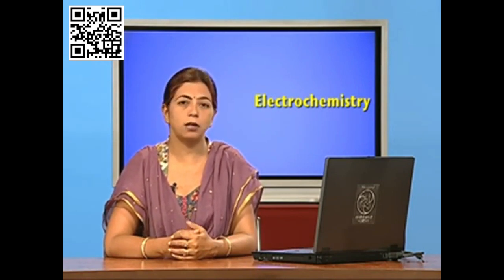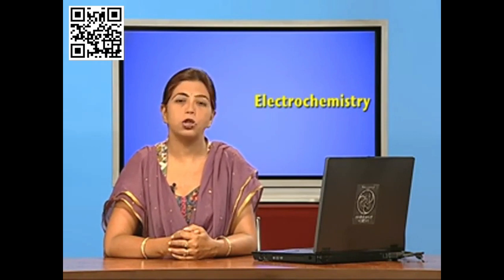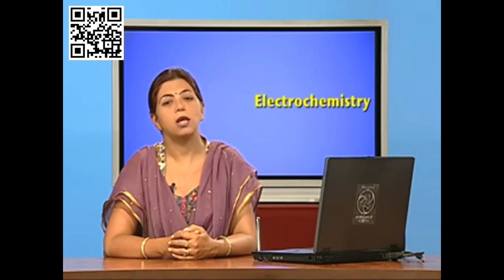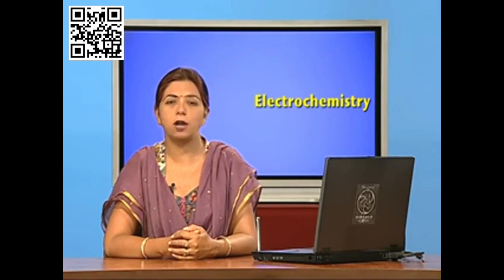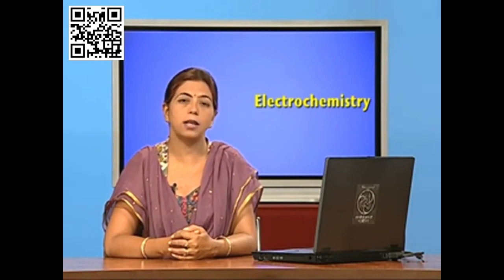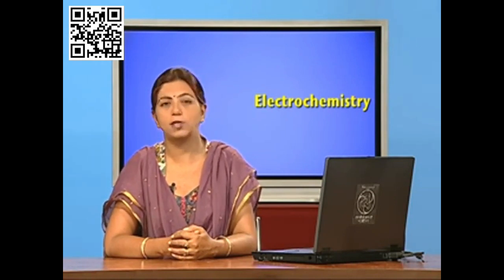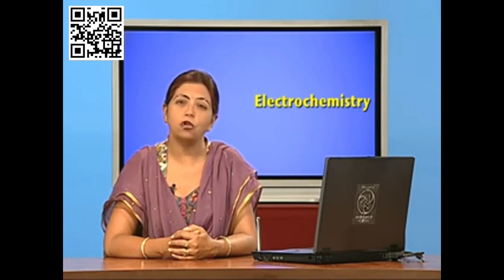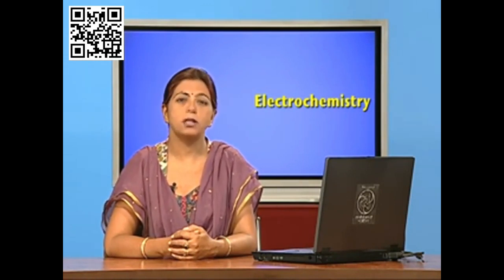As the name is clear, the half cell in which the oxidation takes place is known as the oxidation half cell, and the other cell in which the reduction takes place, that means the gain of electrons, is known as the reduction half cell. In that cell, since the zinc is losing electron, that is known as the oxidation half cell. And the copper half cell will gain the electron and that will be known as the reduction half cell.